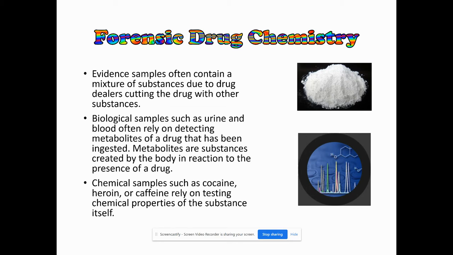So at the top right, we got a white mysterious powder. What do you think that powder is? You say powdered sugar? Yeah, because I just found an image of powdered sugar. But evidence samples often contain a mixture of substances due to drug dealers cutting the drug with other substances. So they buy an amount of material. Drug dealers are either drug addicts or selfish and greedy, and so they will mix in other materials.